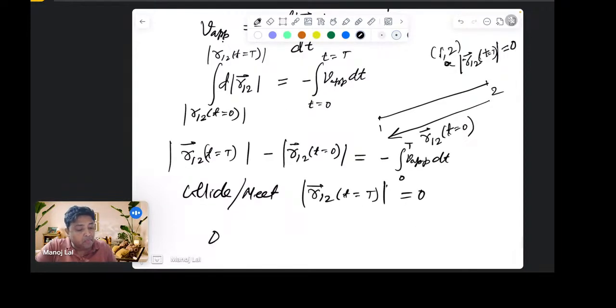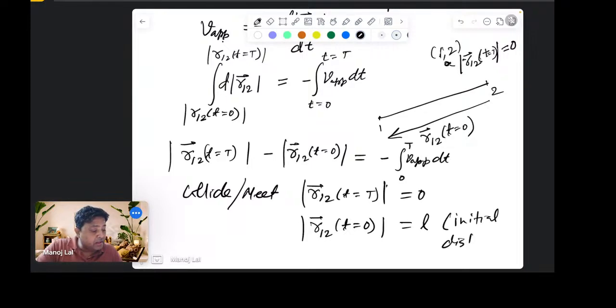So 0 minus the initial R12, at t equal to 0, whatever the distance between them, let me call it L. L is the distance between them.